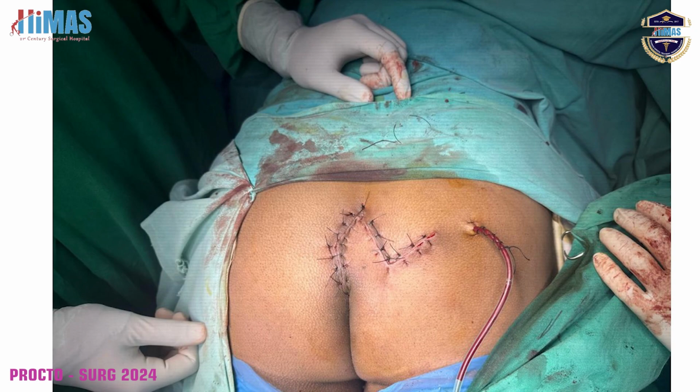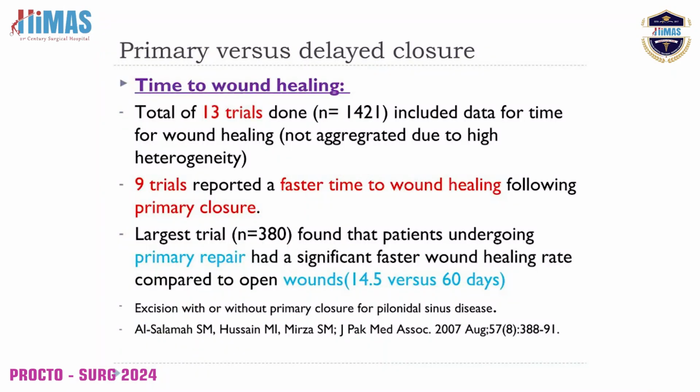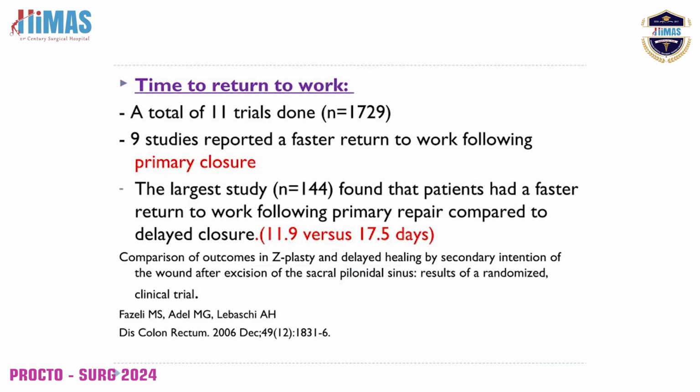So these are some of the trials. Time to wound healing has been quite good in the open versus flap technique. The flap techniques have healed in about 2 or 3 months.